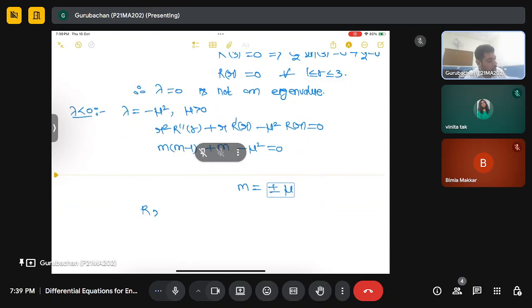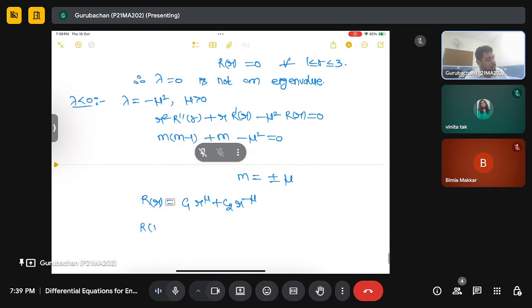So from here R of r will be c1 r to the power mu plus c2 r to the power minus mu. So R of 1 is 0. So this will imply c1 plus c2 is 0, which will imply c2 is nothing but minus c1. R of 3 is 0.